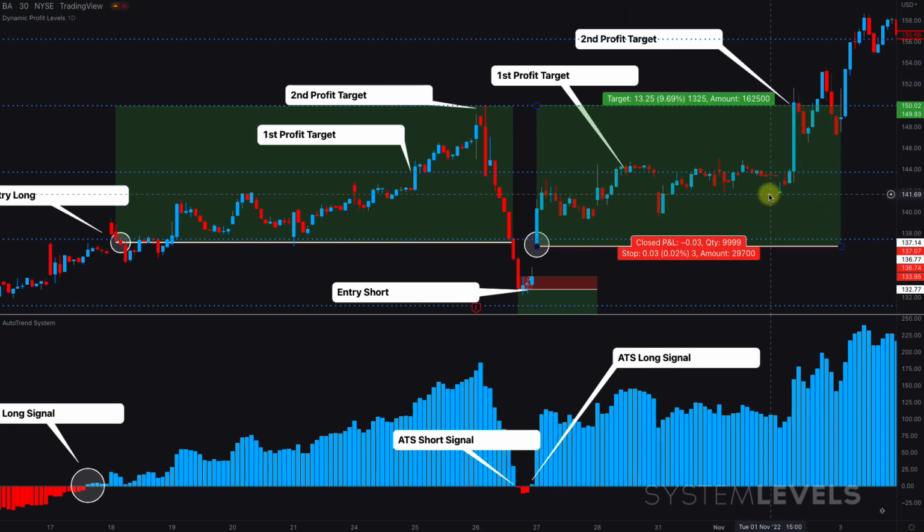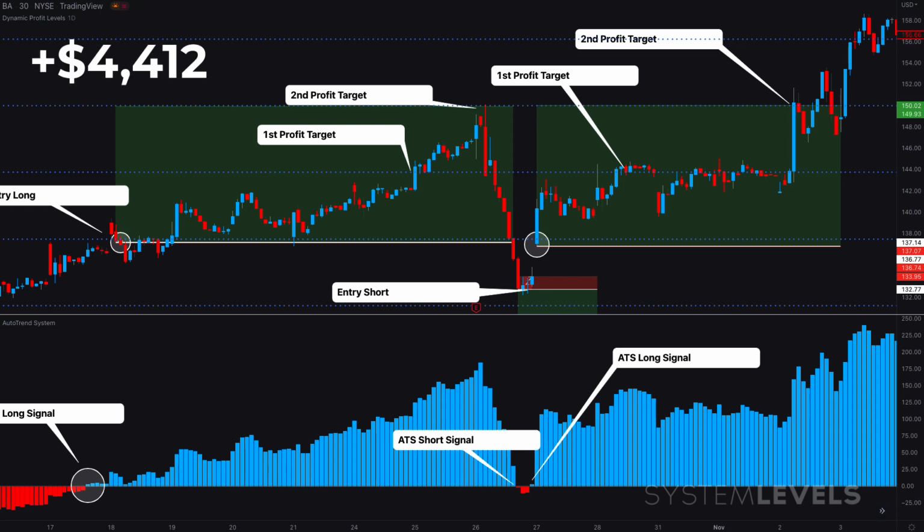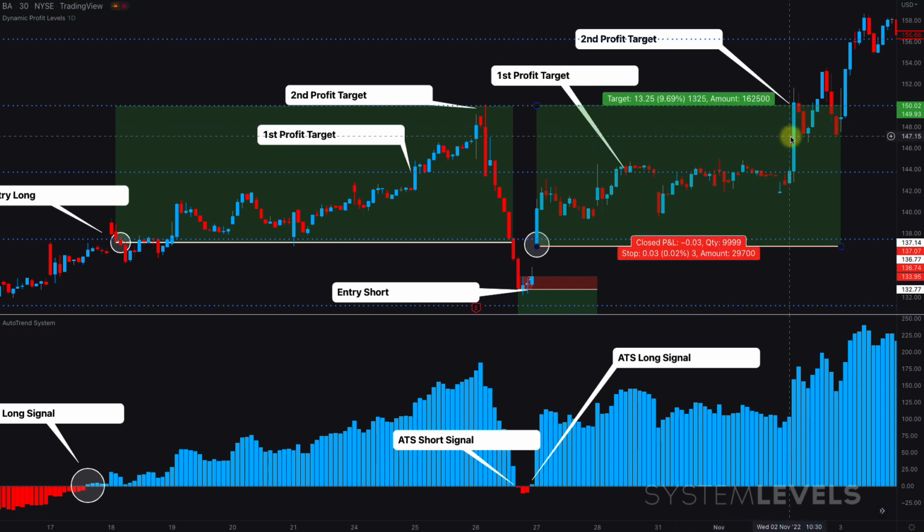Right, so the second profit target is a total profit of $13.25 a share. So 13.25 times 333 shares, that's the second third of our position. That is a total profit of $4,412 for our second profit target.